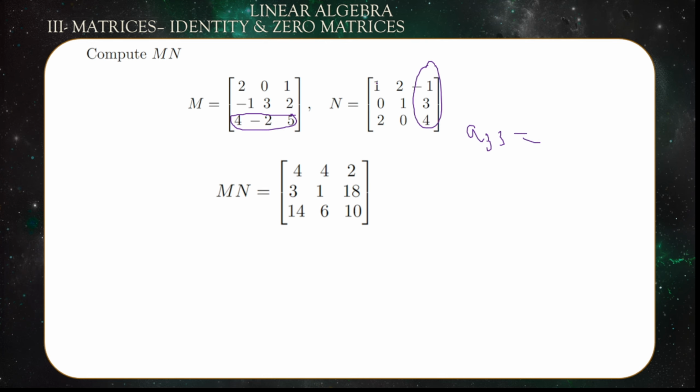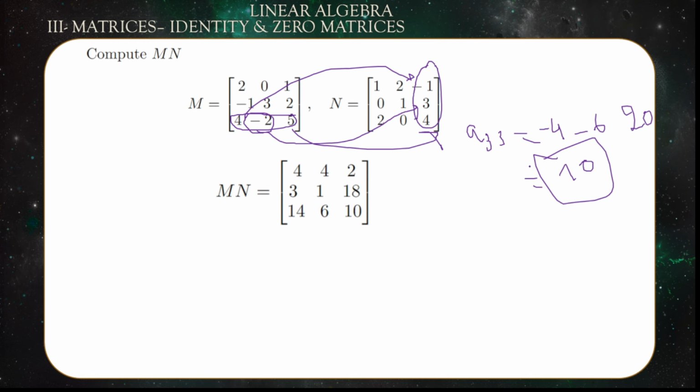Which is equal to 4 times minus 1, or minus 4, plus minus 2 times 3, which is minus 6, plus 4 times 5, which is 20, equal 20 minus 10 equal 10, correct? And that would sit at the third row, third column. This is how you evaluate the product of two matrices.